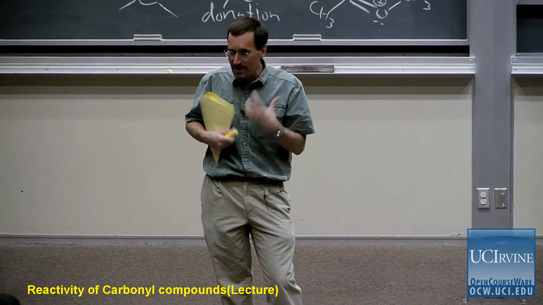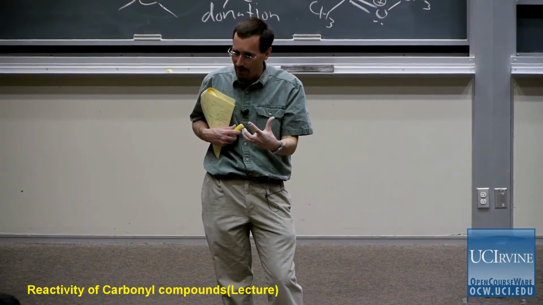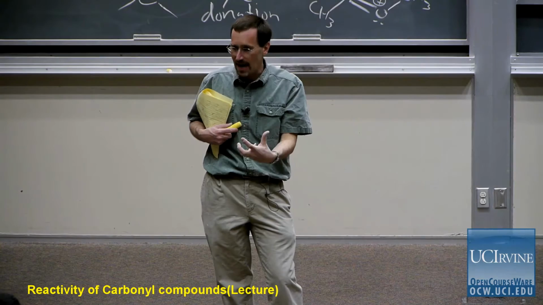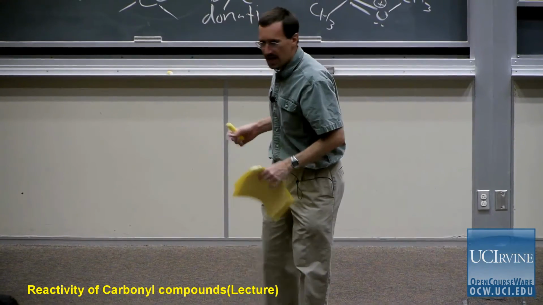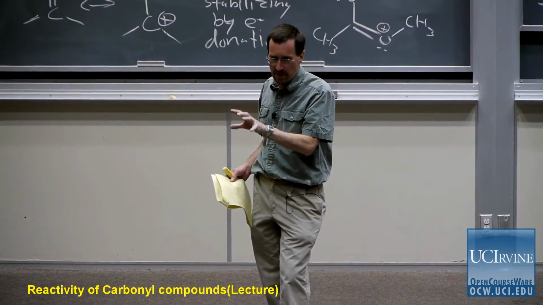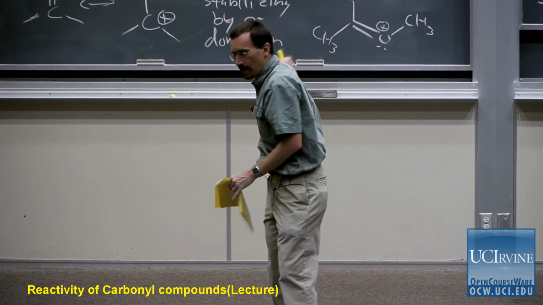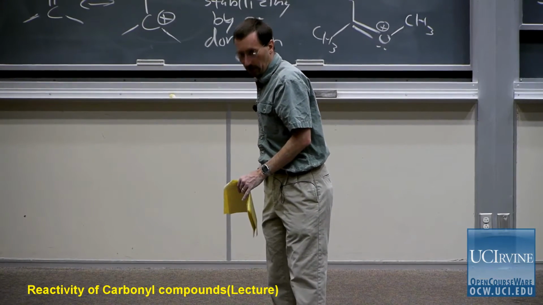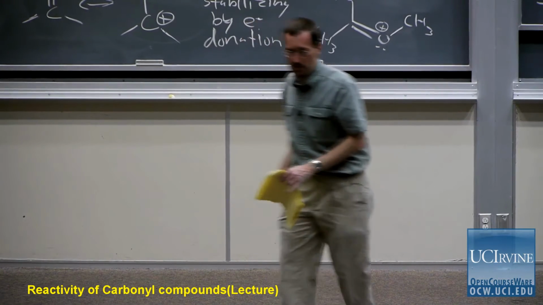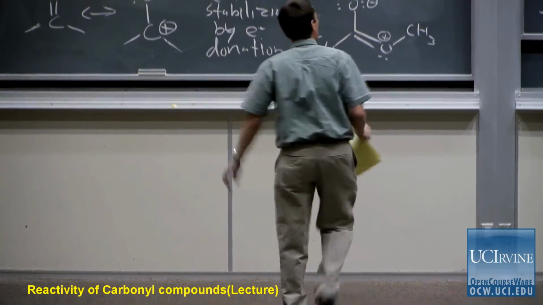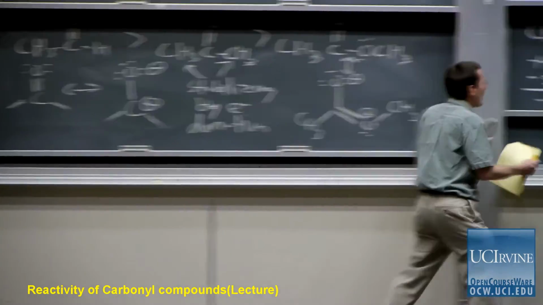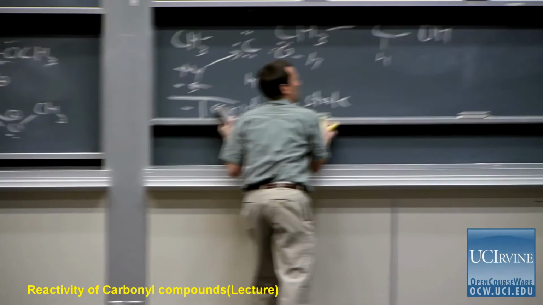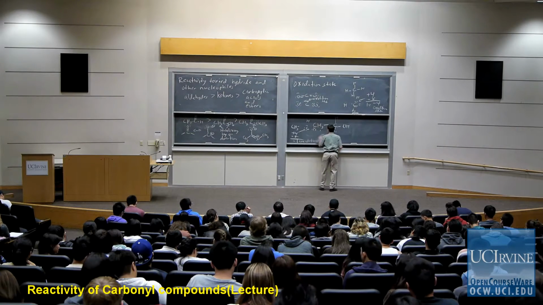But the one that wins out in terms of being more important is octet. And so in an ester, there are three different contributing resonance structures. That resonance structure is a little bit more important than the other resonance structure, but they all contribute, and they all stabilize.